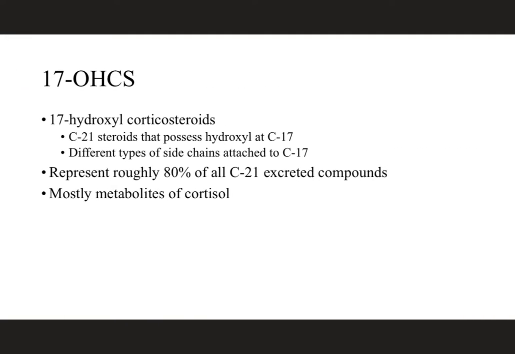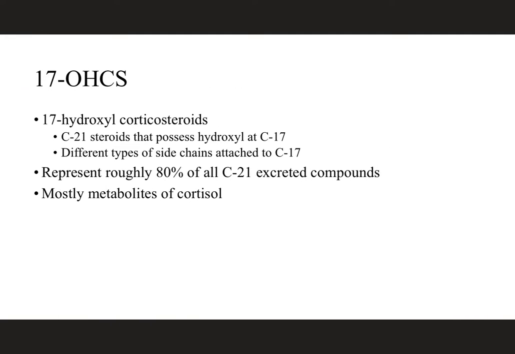I'm going to also quickly go over some of these metabolites. You heard me mention 17-OHCS before. This is a metabolite of cortisol, and it gives us a good 80% representation of your C21 excreted compounds.